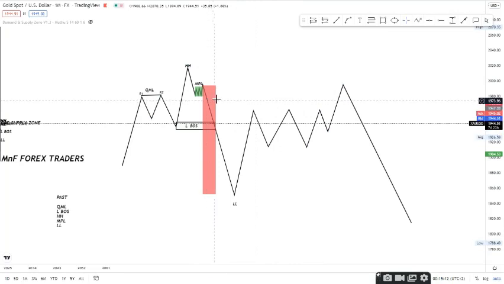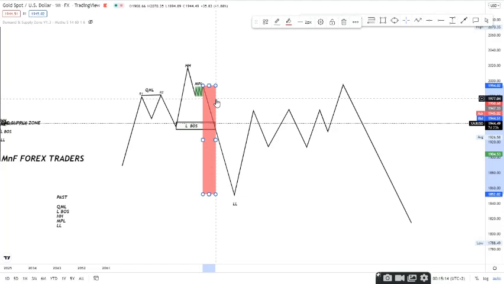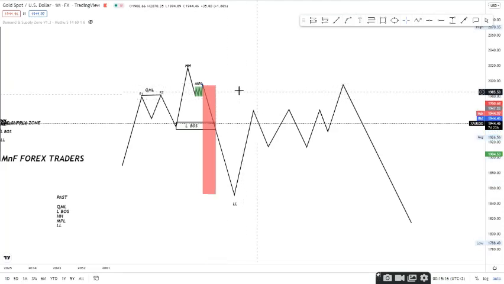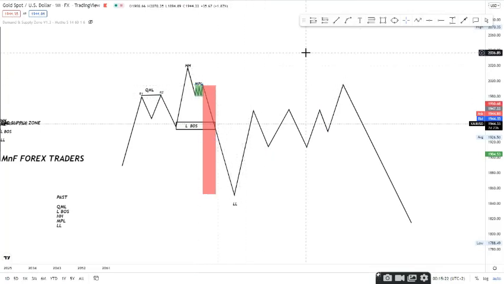So you want to see momentum candles here, because once we have such a move, it creates an imbalance. It creates a level where the market is supposed to come back to. When the market is balanced, it will be in a consolidation.